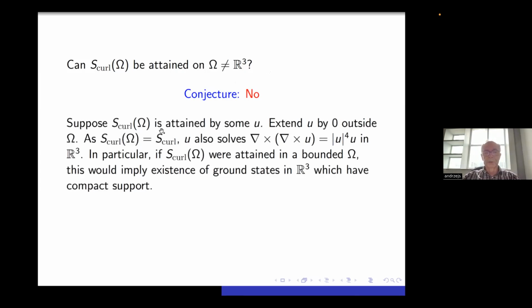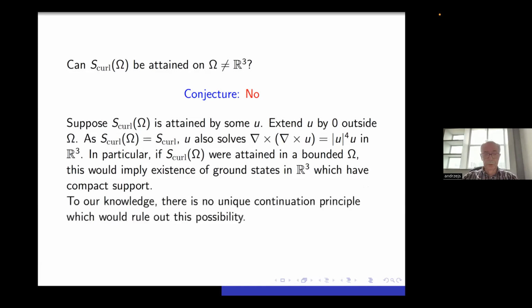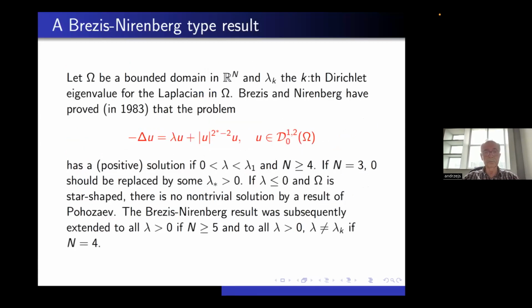So if S curl were attained for some U, we can extend it by 0, since they are equal. So you would also solve this equation in R3. So in particular, if omega is bounded, we would have a solution, a ground state which has compact support. Well, we found no unique continuation principle which would rule out this possibility, but we don't believe this can happen.